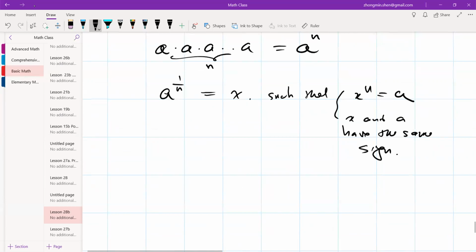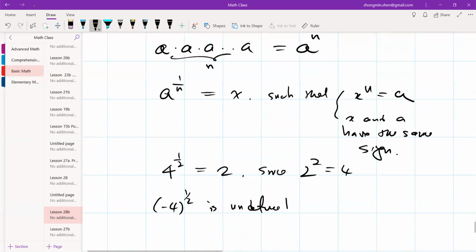For example, let's look at this. The square root of 4 is going to be 2. Why? Because 2 squared equals 4, right? But the square root of negative 4 is undefined.